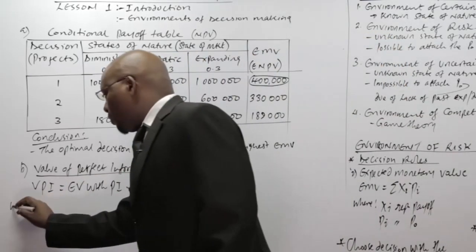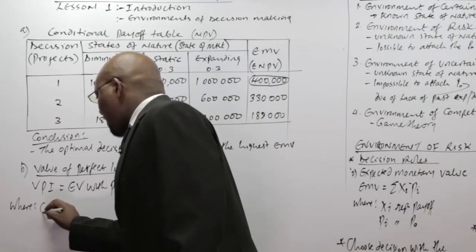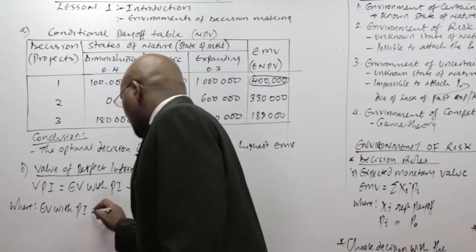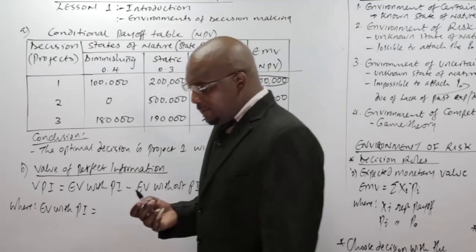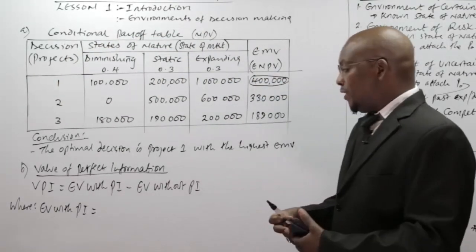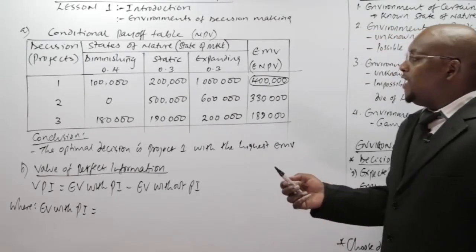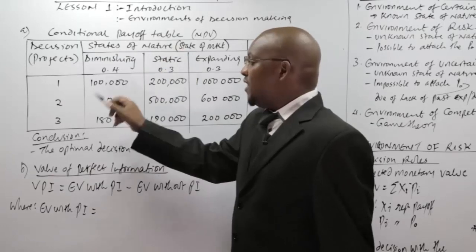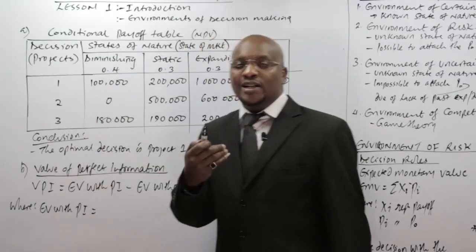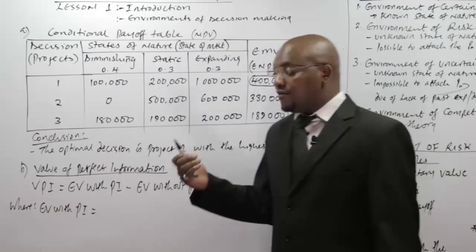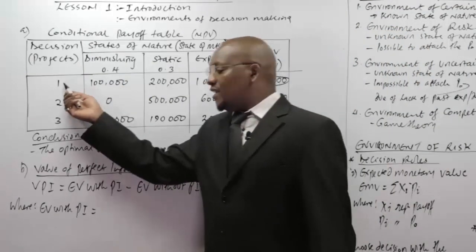Now we can say here that the expected value with perfect information is given by, if we are informed, then we are supposed to make the correct decision. For example, information is concerning which state of nature should occur. Otherwise, the project is our discretion.